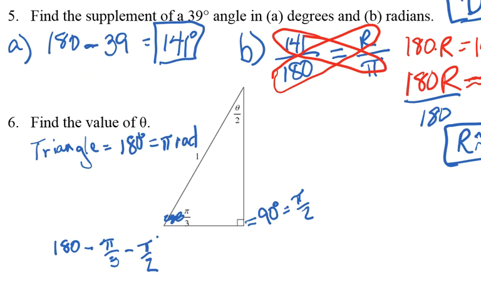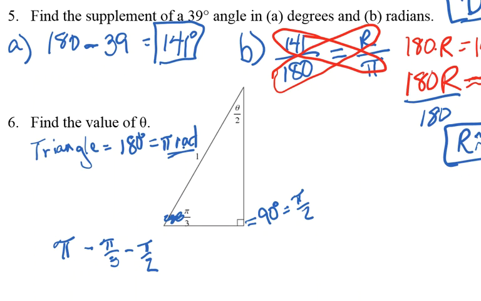So 180 minus pi divided by 3 minus, oh, I should not have done 180. See my mistake? Might as well let you know right off the bat, I'm not perfect. Okay, this should be pi, because that's how many radians are in half a circle, or a triangle.